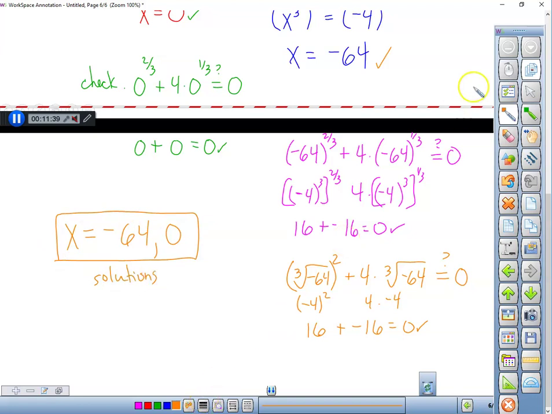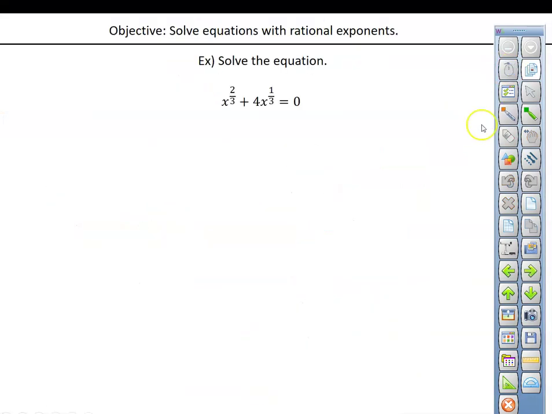All right, so now we're going to take a look at an example that is a trinomial structure.